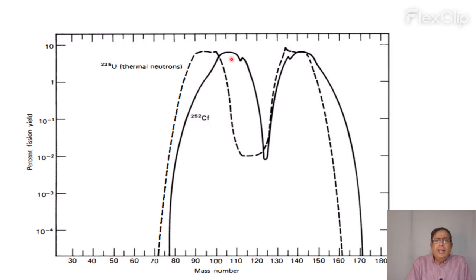You can see that a maximum number of fragments are coming from this mass number, which is 105 or 106, and the other maximum is of the order of 145 or 150 mass number. So basically the splitting is asymmetrical. The symmetrical splitting, in which both the nuclei are of the same mass, which is around 120, has the least probability. So the highest probability is for asymmetrical splitting, in which the two fragments have different mass numbers.